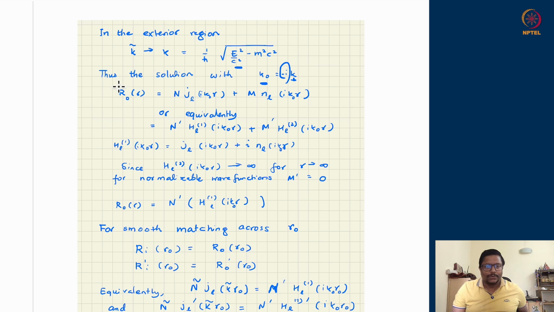Okay, if I do that, the solution in the outside region will again be J_l and N_l. Since I'm talking about outside region, I should not take kr tending to 0, which was supposed to be valid for interior region. So there is no danger of things diverging over here because I'm not supposed to go towards r tending to 0 with this solution.